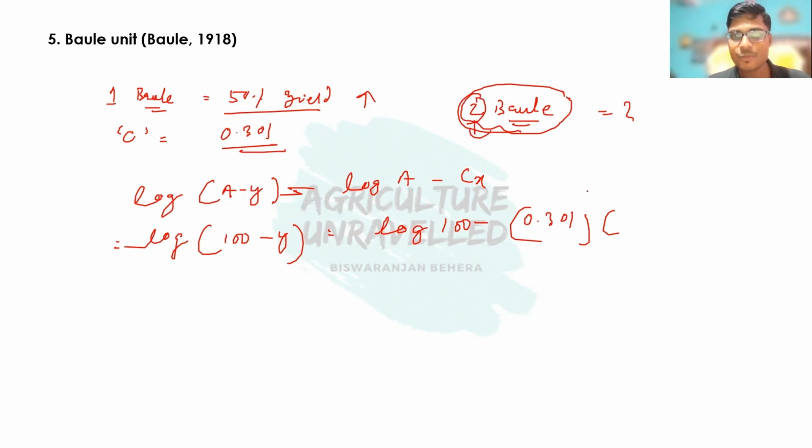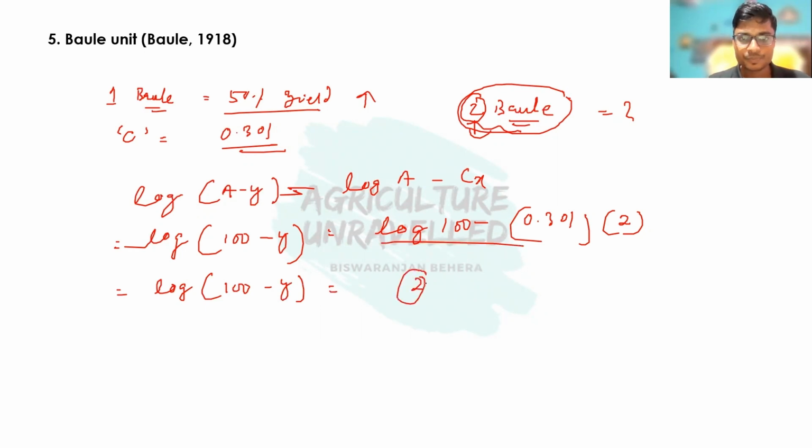The quantity of input is 2. So from this equation we can solve: log(100 minus Y) equals log 100, the value of log 100 is 2, minus 2 into 0.301.